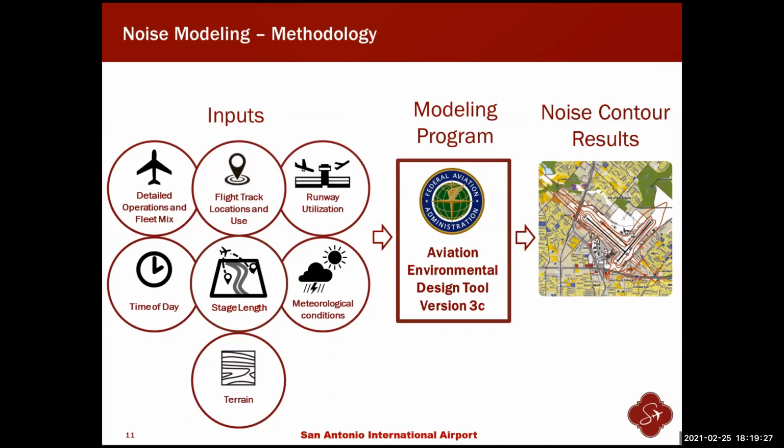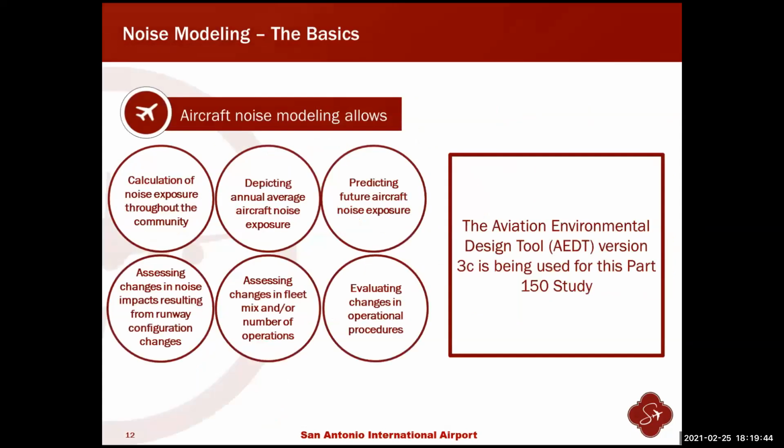For this Part 150 study, we generated the draft 2021 existing condition noise contours by using actual calendar year 2019 operational data, and we generated the 2026 future condition noise contours by using the 2024 activity forecast.